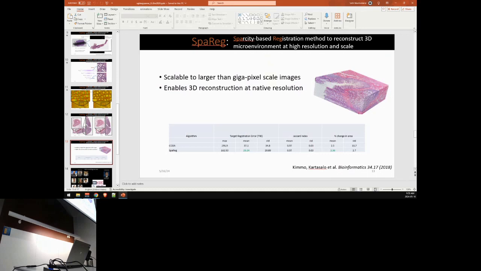As we see, the error using SPARIC is much lower than that we get with CODA, and the change in area is lower as well, which emphasizes the fact that it leads to very minimal distortion.